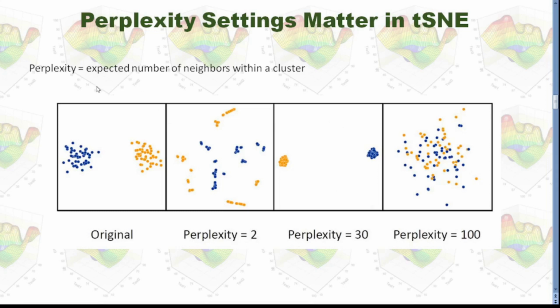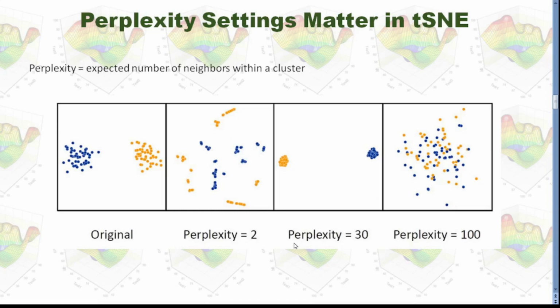Just like I mentioned, perplexity is very critical in t-SNE. Also in this example, the original data points are located like this, and if we choose perplexity equal to 2, we will have so many small groups.